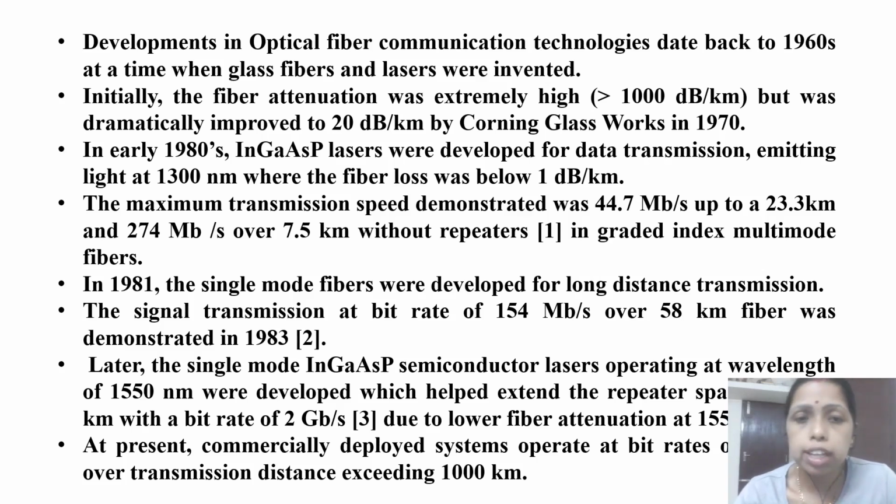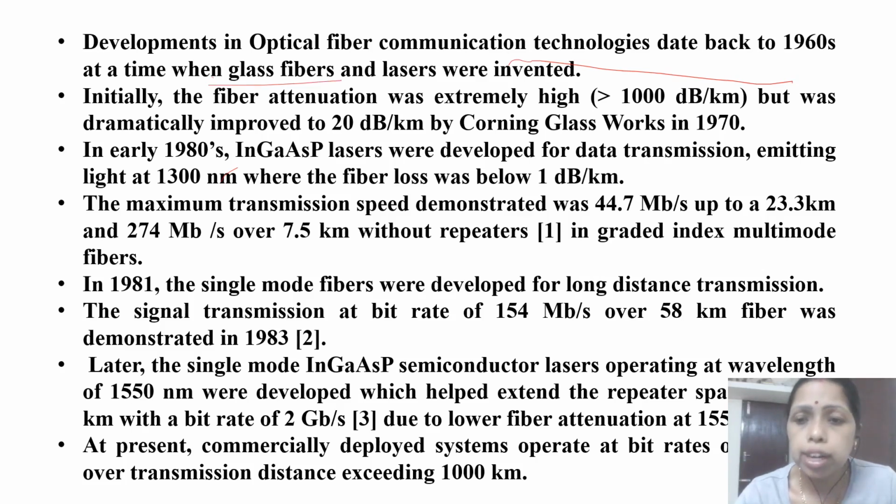If we're sending information from transmitter to receiver and we're not designing the fiber in a proper way, then there will be degradation in the optical signal transferring from the transmitter to the receiver. Here you can see in 1960 the whole glass fiber.